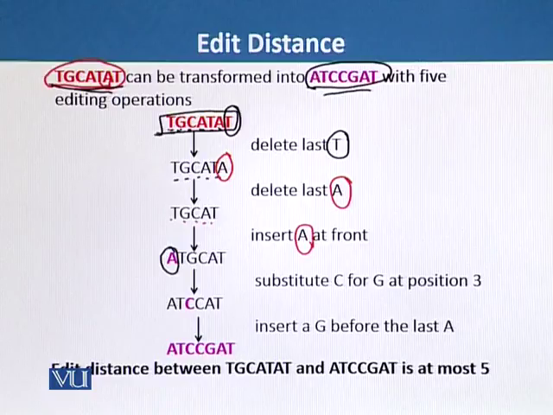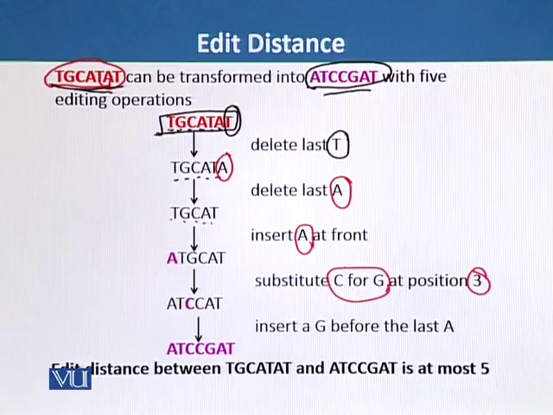So in the fourth step, we will substitute C for G. So where there is a G, we will substitute it with C at position number 3. So the position number 3 is 1, 2 and 3. So this is position 3 and there is a G here.